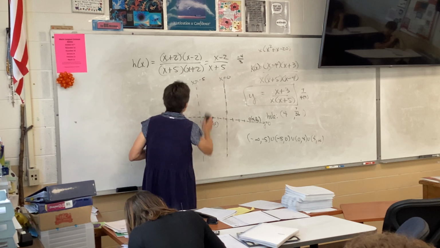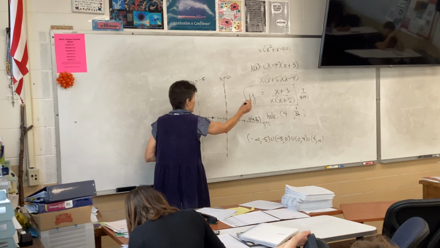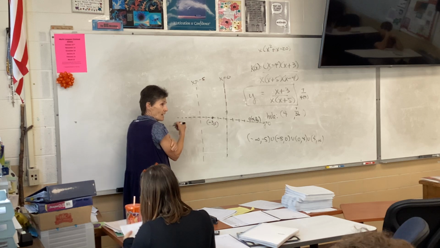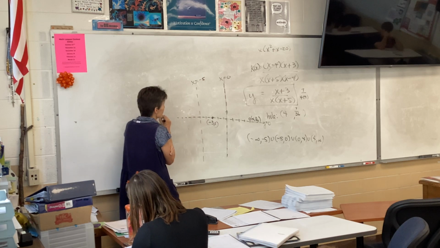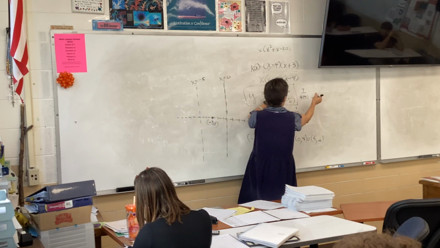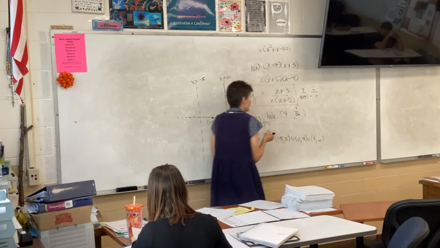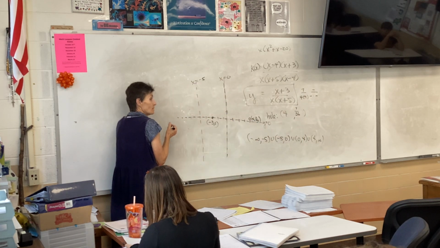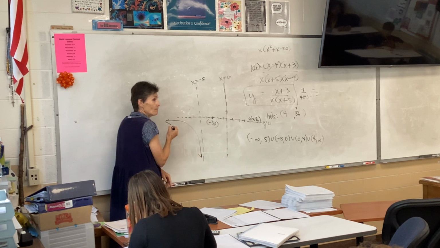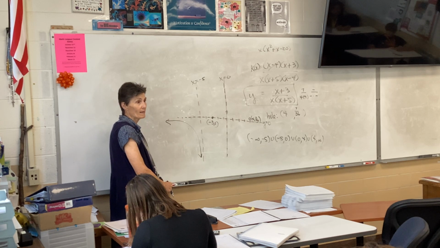If I put in negative 6, I'm either going to get a positive or a negative output, right? And that's going to tell me what that looks like. So if I put in negative 6, I'm going to get a negative over a negative times a negative. What's happening over here? Would you agree it looks like that? I'm trying to do this without my calculator.